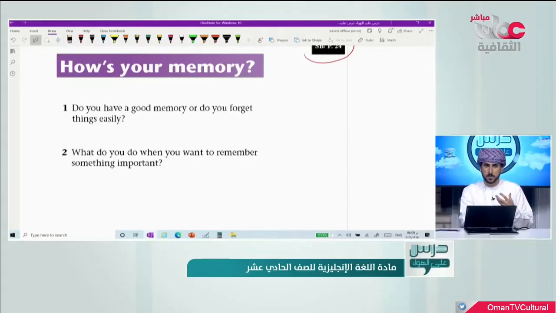What do you do if you have, for example, an important meeting, or you are going to have a test and you need to study more information? You study the book. So what are the strategies that you use in order to remember things? These are things we are going to cover today.